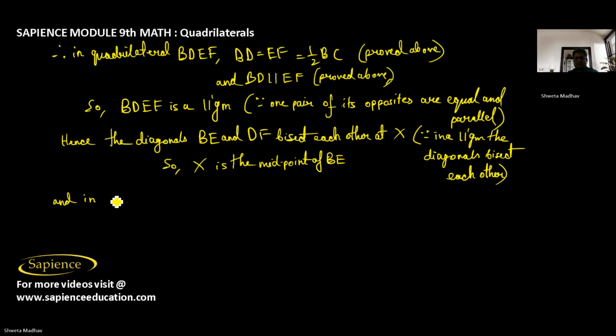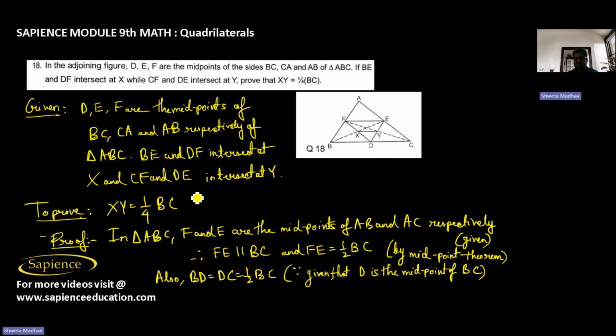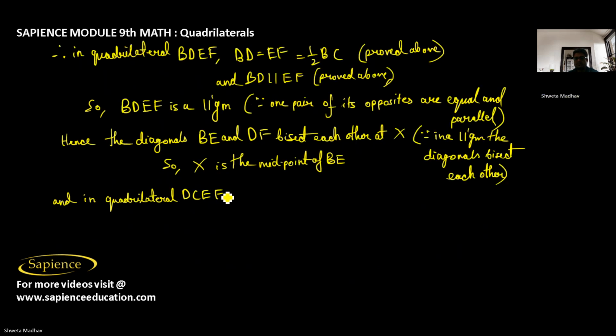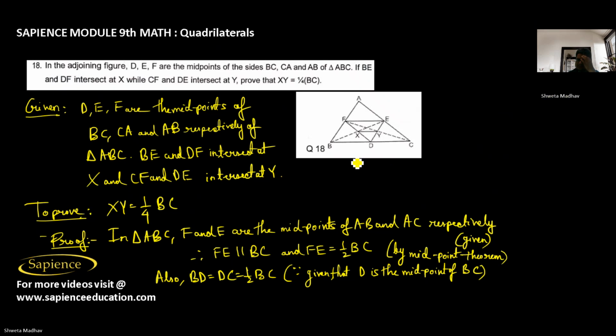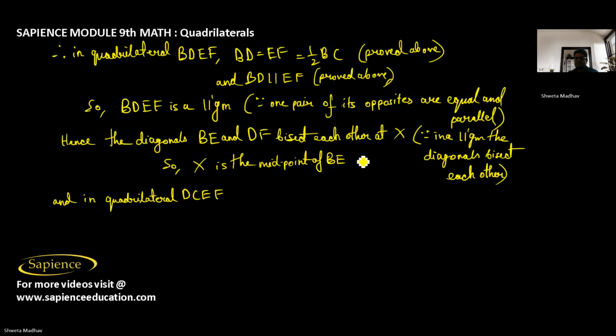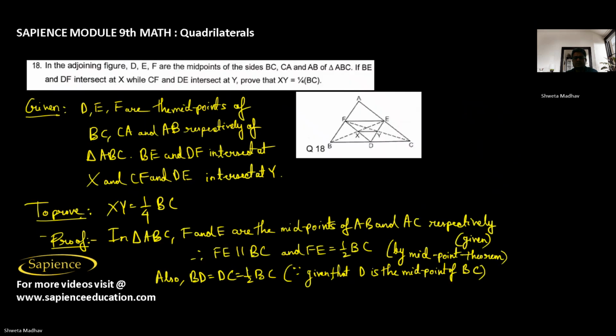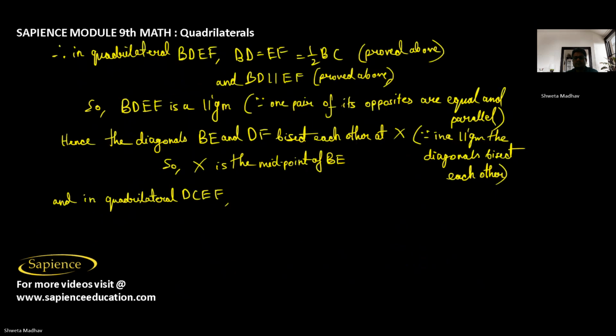And similarly, in quadrilateral DCEF, DC is equal to EF, which is equal to half of BC. This is proved above.